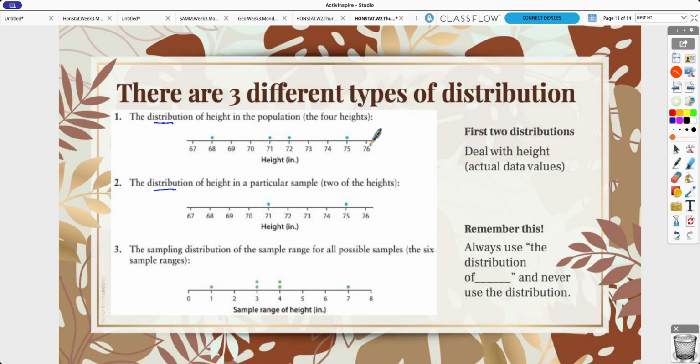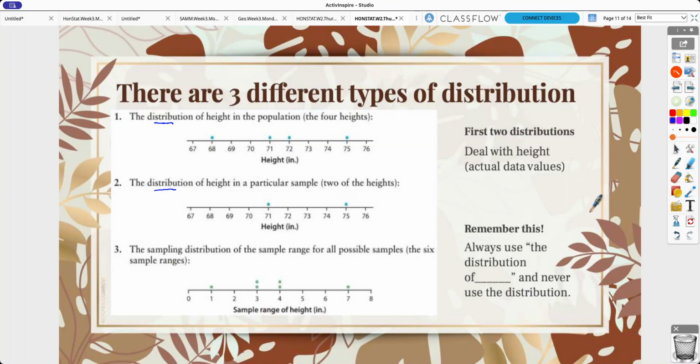One is you take the whole population, the sample, and the sampling distribution. So the first two distributions deal with the actual height values, and the third one deals with the difference between the heights of your sample.